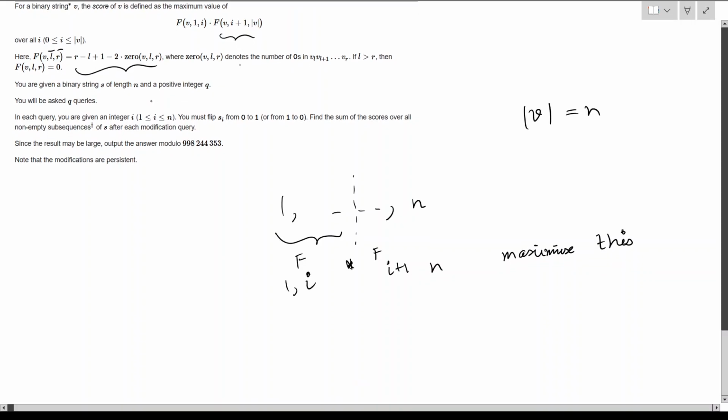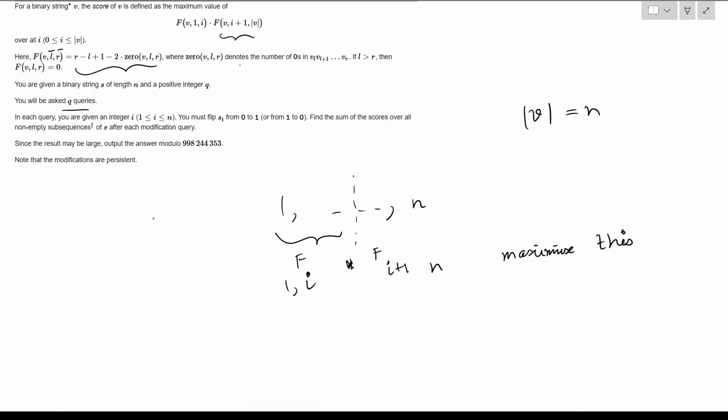But that's not all. Now we are also going to be asked queries, and the queries will be about flipping certain bits from 0 to 1 or 1 to 0. And what we need to find after every query is the number of non-empty subsequences of S. Well, not the number, but the sum of all of their scores.